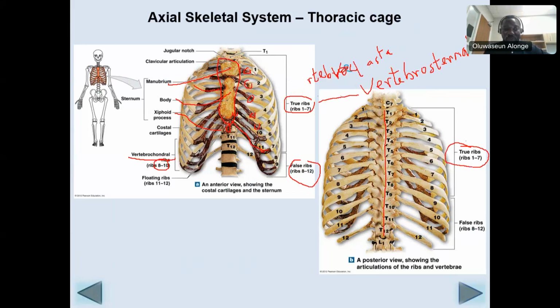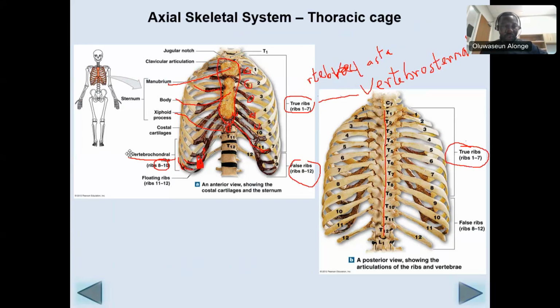See, this is rib 8, that's 9, and that's 10. You will notice that all of these, 8, 9, and 10, are connected together here to the cartilage, and they then join with rib 7 to connect with the sternum.